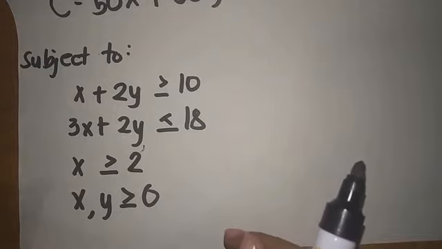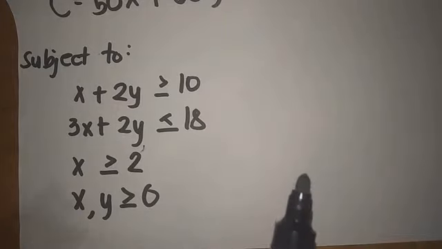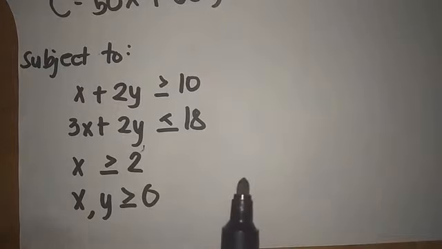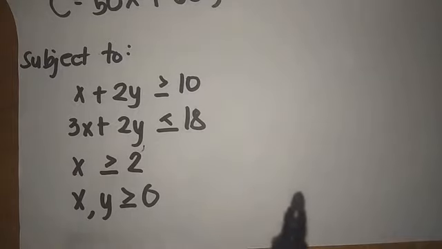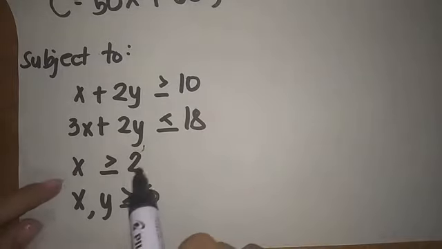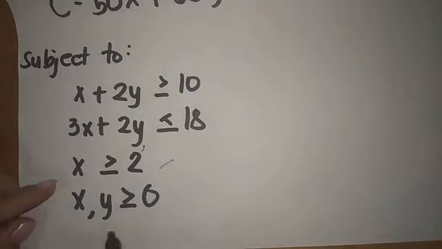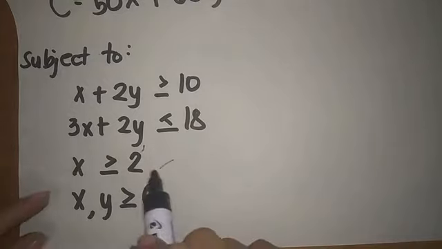So, dito sa step 3, hanapin na natin, we let x and y as is equal to 0, and hanapin natin yung point of intersection. But since we have a given x dito, ito yung gagamitin natin x. We let x as 2.